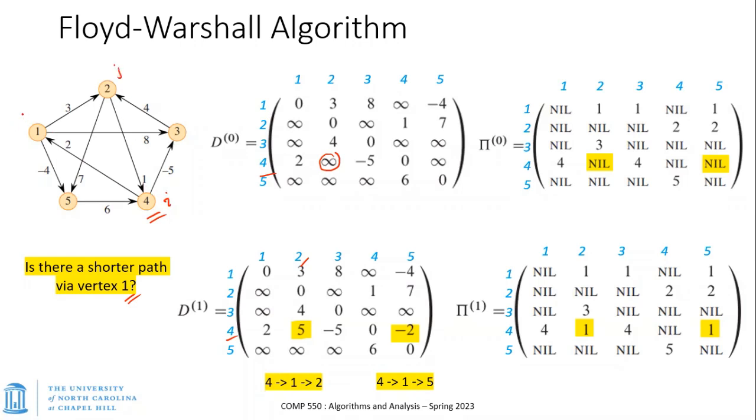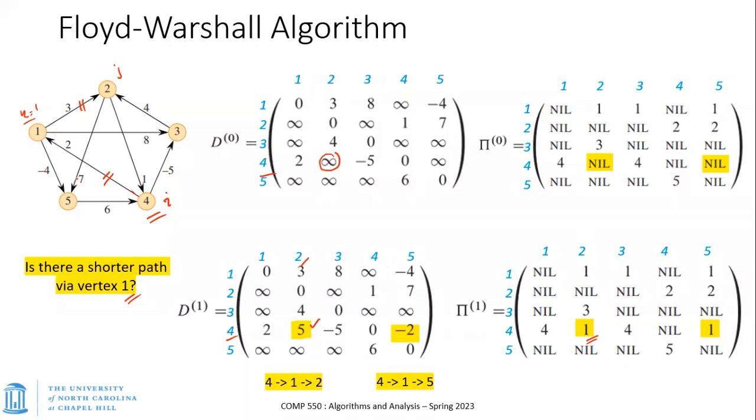But if you go through 1, k equal to 1, then there seems to be a path. You're going to take this particular path and this particular edge. So that's going to be 2 plus 3, and that's going to result in a distance of 5. And so you're going to not only change the distance, but also change the predecessor. So the predecessor before getting to 2 is now going to be 1.